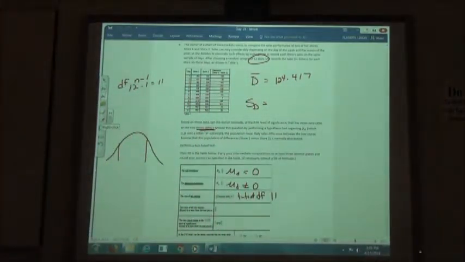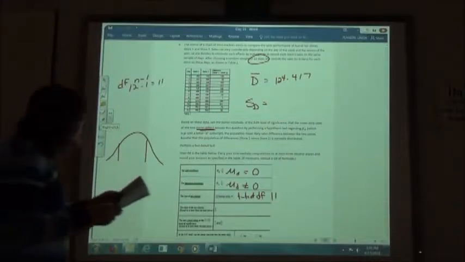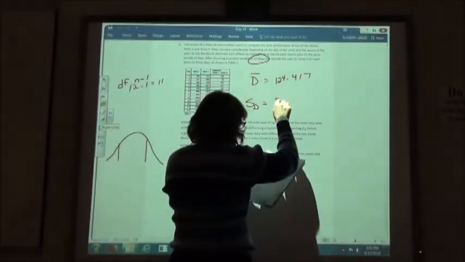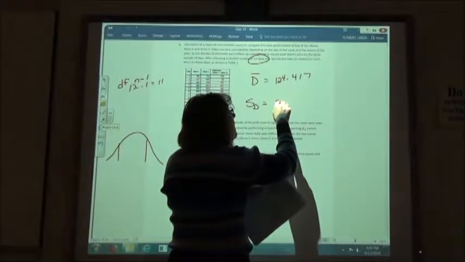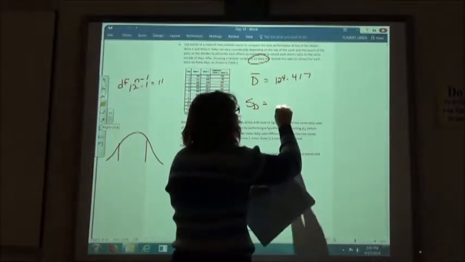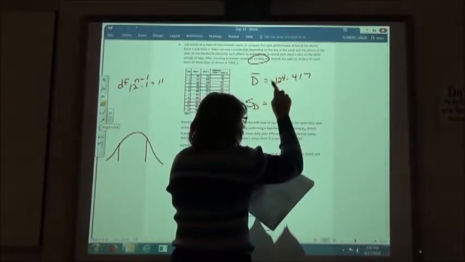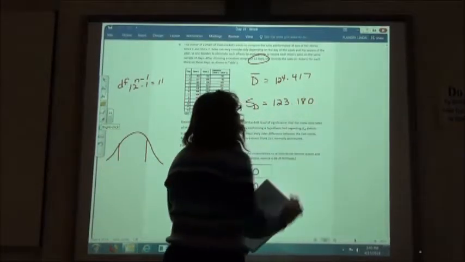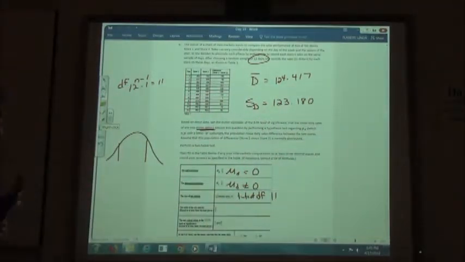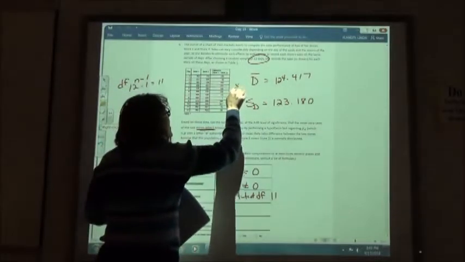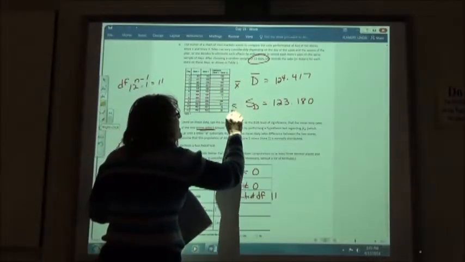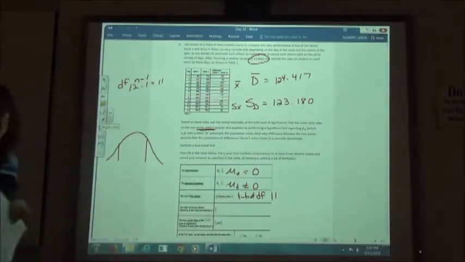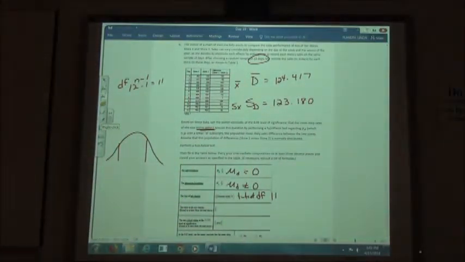Yeah. Okay. And for my standard deviation, we would have 123.180. Yep. So your mean is the x bar, your standard deviation is the s of x. That's your sample standard deviation.